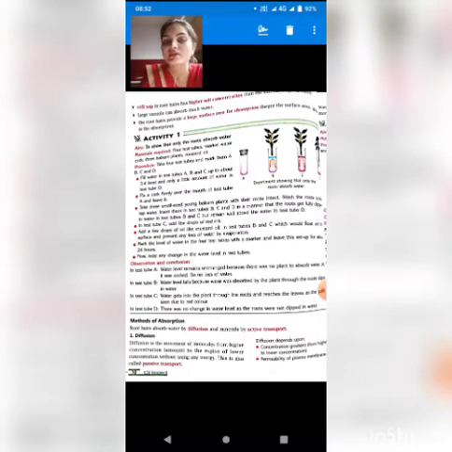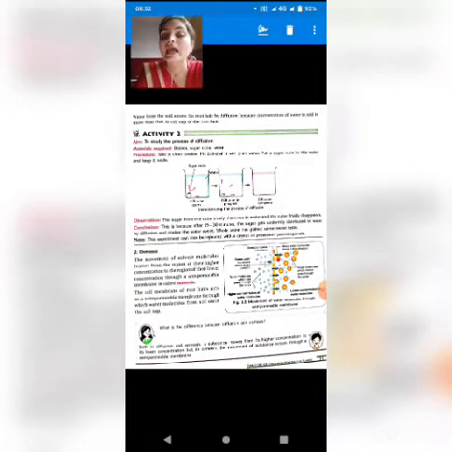Now students, see in this activity number 2, here a large sugar cube is kept in a tub. After some time we see that the cube becomes smaller in size. Why? Because the cube contains a higher concentration of sugar, and the water kept in the tub has a lower concentration of sugar.